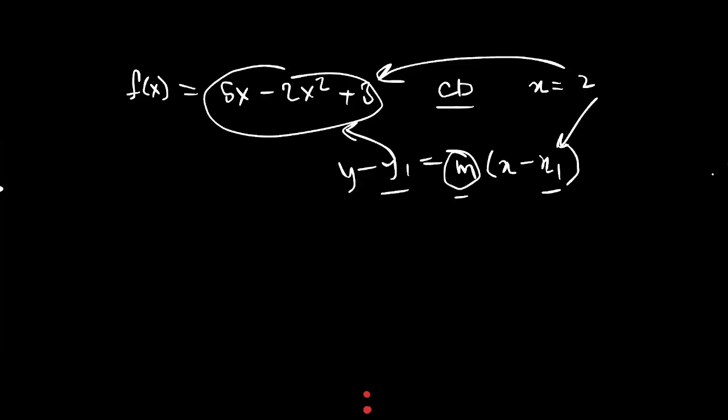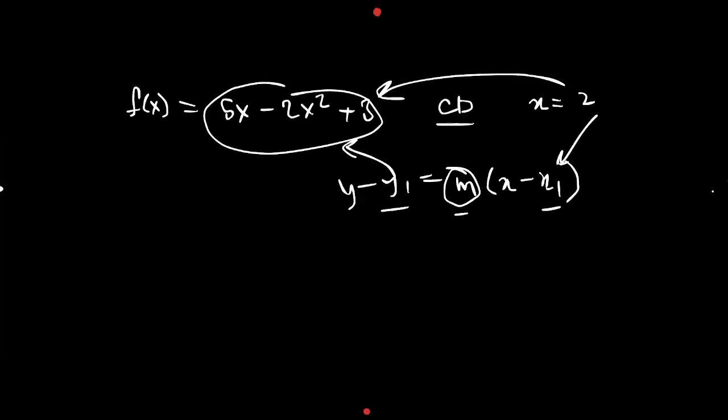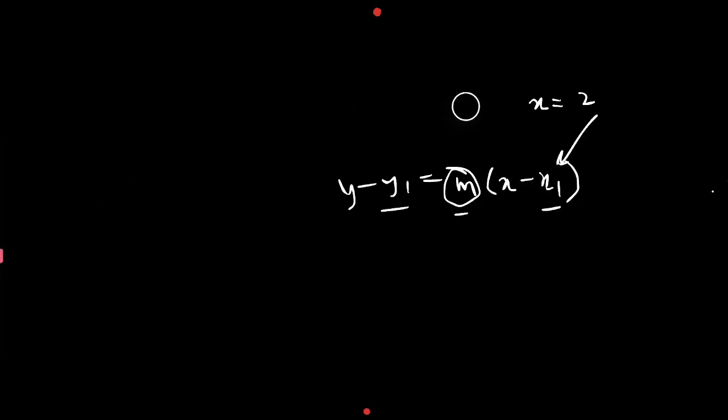So it's just a little bit more work that would need to be done on our end. But other than that, the problem would be approached in the same way that we've done the last problem. So it's just a couple more steps, and you should be able to figure it out as long as you're able to first find that equation of the tangent line.